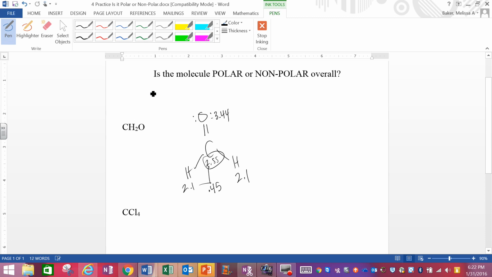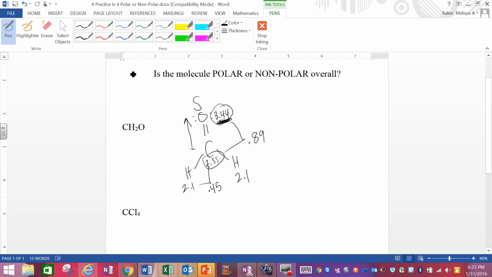Uh-oh. Carbon's 2.55, oxygen's 3.44. Now that is a difference of 0.89. That means that the oxygen is winning. So we're going to draw a dipole arrow. You always point the arrow at the greedy atom. So the oxygen is greedy because it's a bigger number on the electronegativity scale.